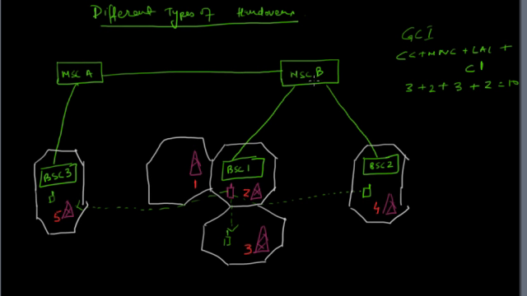MSC realizes that BTS number 5 is not under its own domain, finds out which MSC is serving it, and tells MSC A to accept the handover. MSC A now talks to BSC 3 and tells it to reserve a radio resource for a handover to BTS 5.